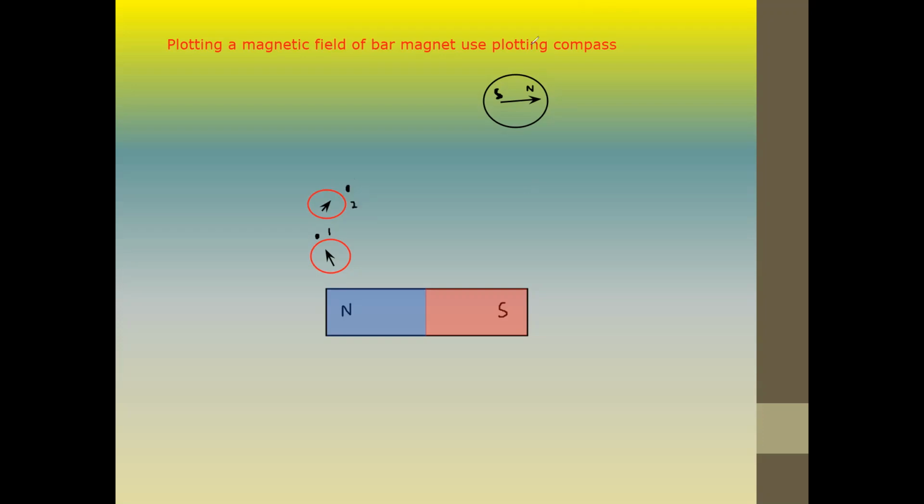Then we will move the plotting compass to a new position until the last point which we marked is in line with the needle of the plotting compass. We mark another point and say 3. Then we move the plotting compass until the needle is in line with the last point which we marked, and we say that is 4.